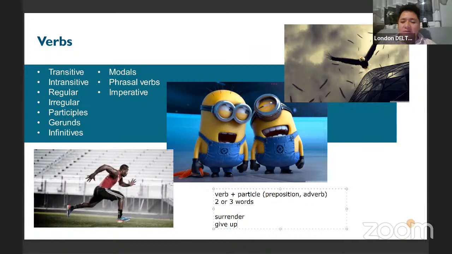So that's why we have phrasal verbs. Sometimes it's like speaking in code, es como hablar a veces como en clave, but they are more familiar, more friendly, and people feel more comfortable, more natural when they use phrasal verbs.